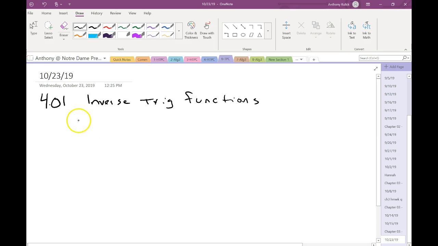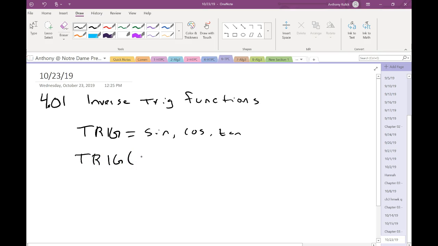So we know that for a regular trig function, when I write trig, I just am using it as a stand-in for sine, cosine, or tangent.